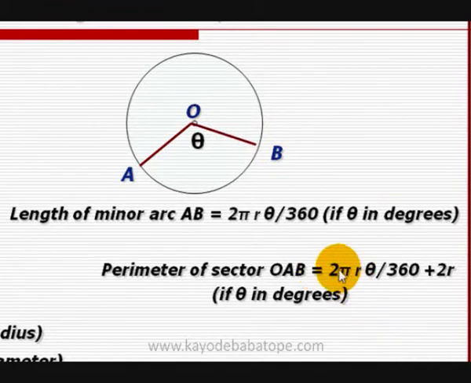That gives us 2 pi r theta over 360, which is the length of the arc, plus 2r. 2r coming from OB, which is r, and OA, which is also r. These are important equations which you need to learn by heart. And pi is a symbol representing the value 22 over 7, or approximately you can use 3.14.